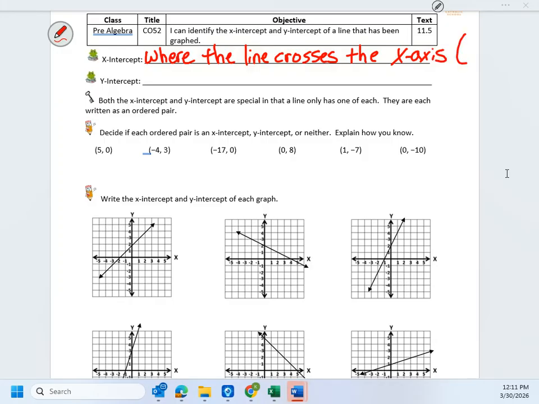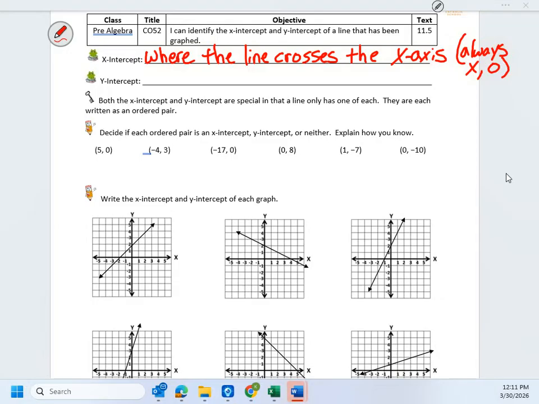So it's always going to have a 0 for the y. So there'll be an x and then the y will always be a 0.